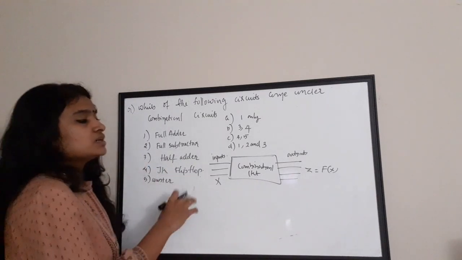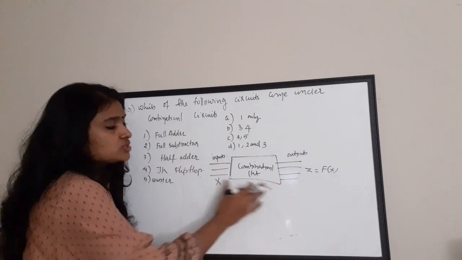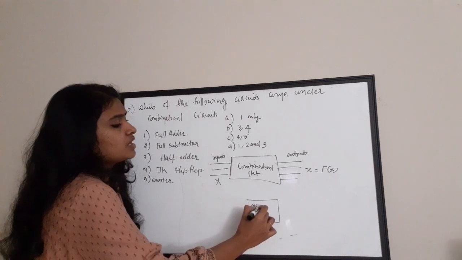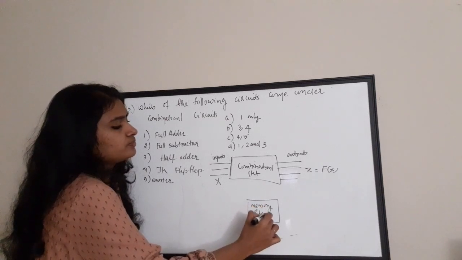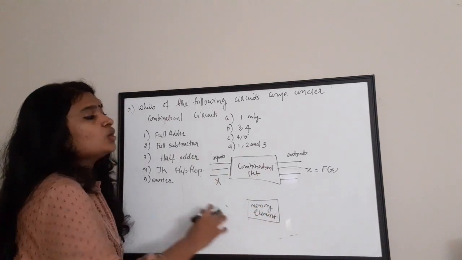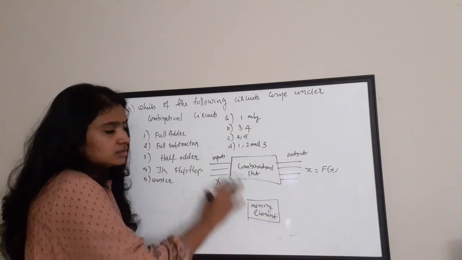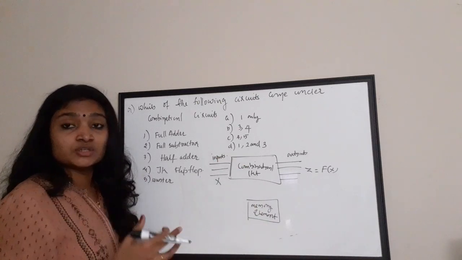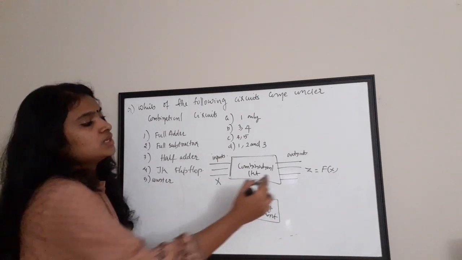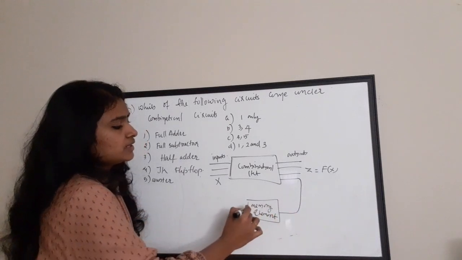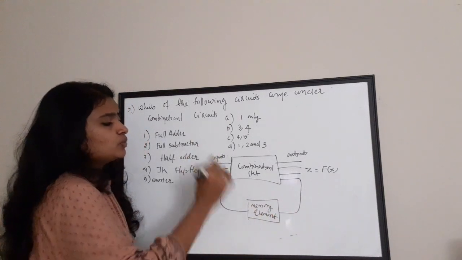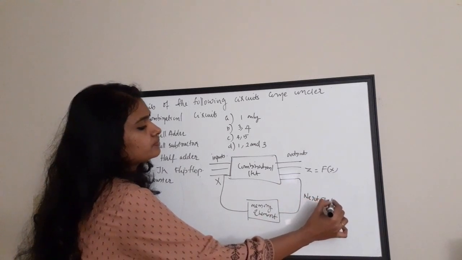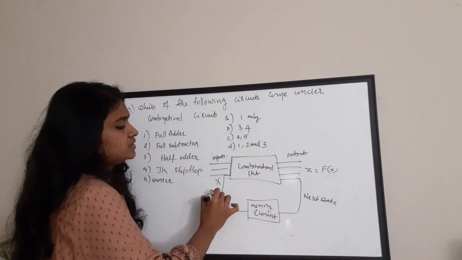Now, what is a sequential circuit? This is a combinational circuit. If you connect a memory element to the output of this combinational circuit, you will get a sequential circuit. That is, take this output and connect to the input with the help of this memory element. So this is the next state. This is the present state.